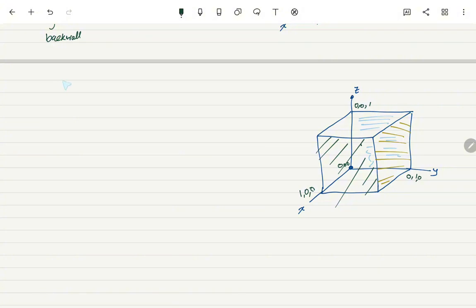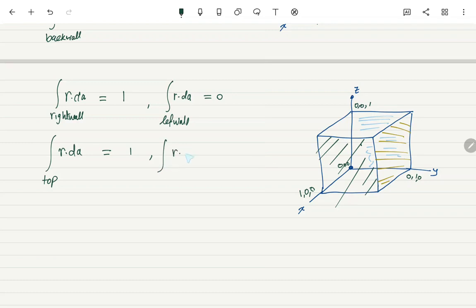Let's find the integration for r dot d area for the right wall, and if we follow the same procedure, we will get that it's equal to 1, and integration for the left wall r dot d area equal to 0, integration for r dot d area for the top wall equal to 1, and integration for r dot d area for the bottom wall equal to 0.